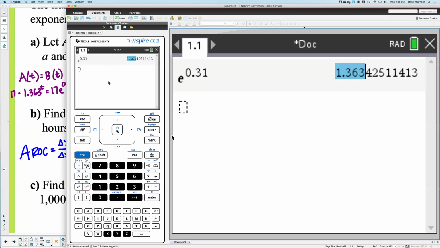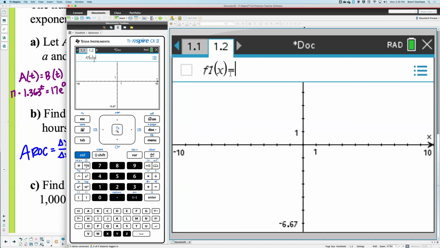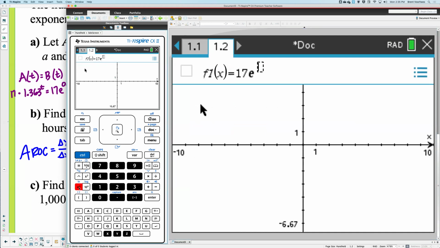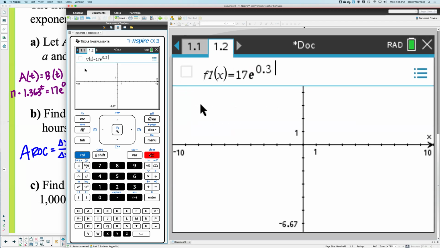So go to your calculator. I'm going to add a page, add a graph so I can type in the equation. I'll use the original equation they gave me, 17 e to the power of 0.31 x. That was our original equation they gave us.